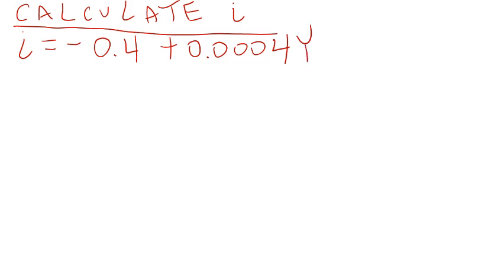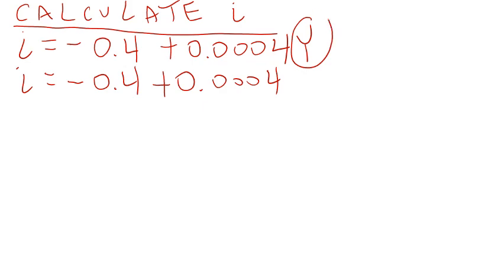All right. So the interest rate is equal to negative 0.4 plus 0.0004, and we've already calculated y. Y is equal to 1,250.